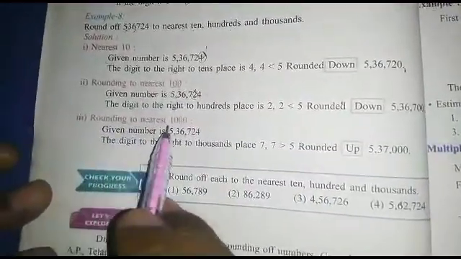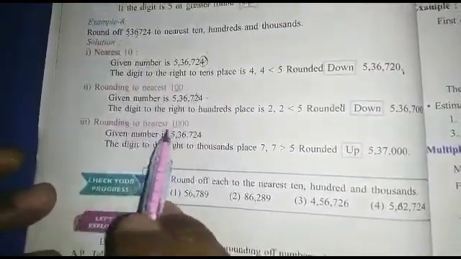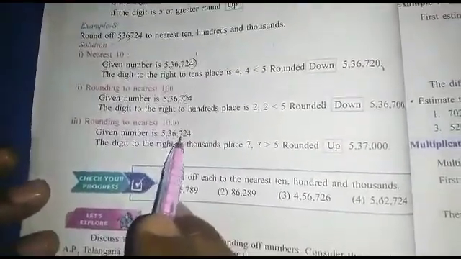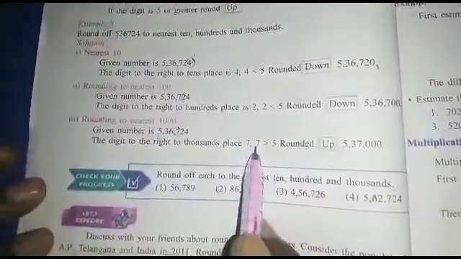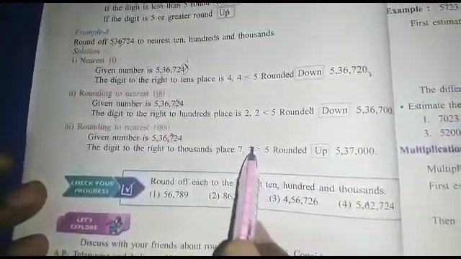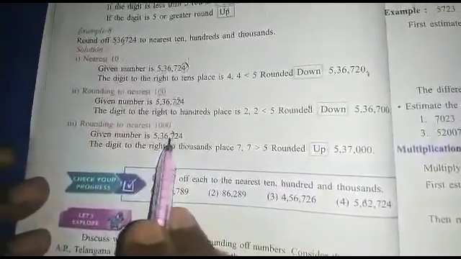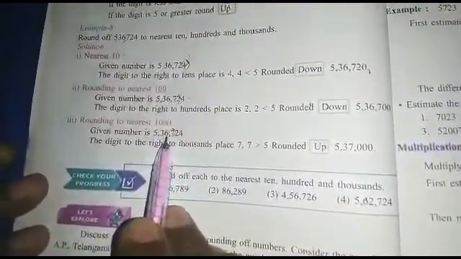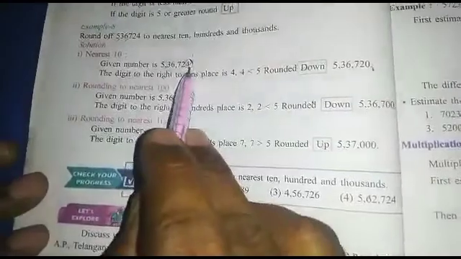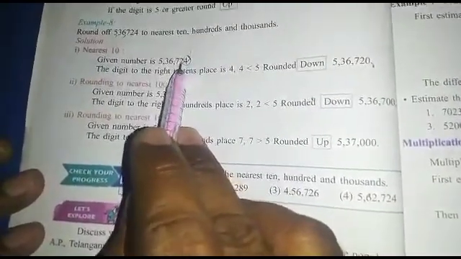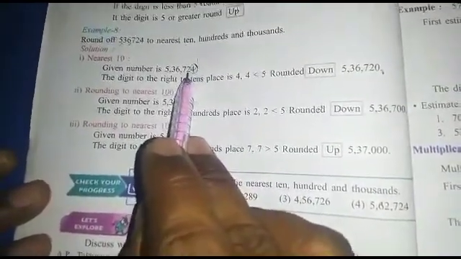Rounding to the nearest 1000. For 1000, the hundreds place will be observed. The hundreds place 7 is greater than 5. In that case, the thousands place value will change. When you take the ones place, the tens place value will change.